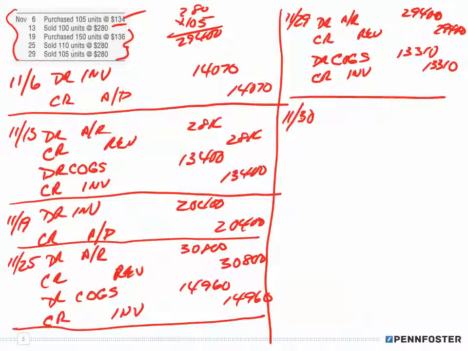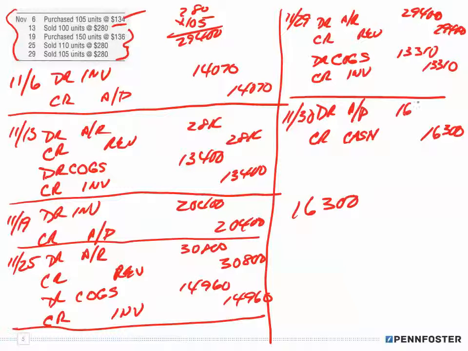Think through the process of making a journal entry. I mean, $16,300 in cash. Am I affecting cash? Yes. Is my cash increasing or decreasing? It's decreasing. So I credit my cash for 16,300, and I have to debit something else. Well, what am I debiting? It's paying off the amount on account. So I'm going to debit my accounts payable for the 16,300, right?